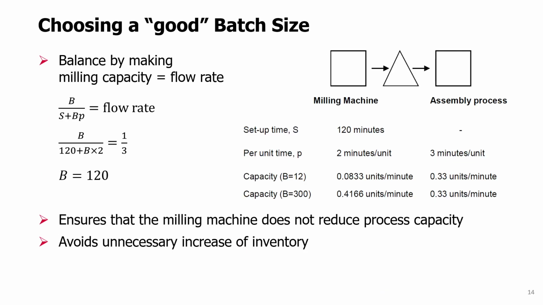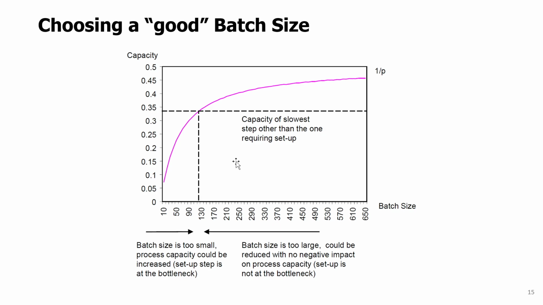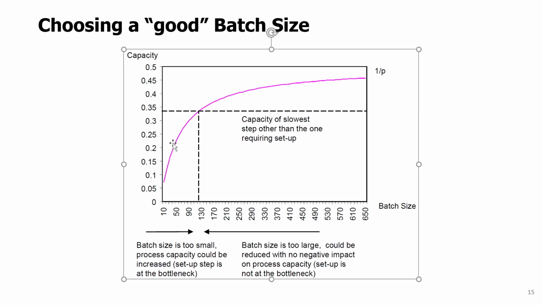It will be smaller because the batch size 120 will not build up so much inventory for either of the two products. Graphically, if you remember, this pink line is the capacity of the milling machine as we increase the batch size. The capacity of the assembly line is this, 0.333, 1 unit every 3 minutes. So we tried to find the batch size that will match the capacity of the milling machine, the batch process, to the capacity of the assembly line.